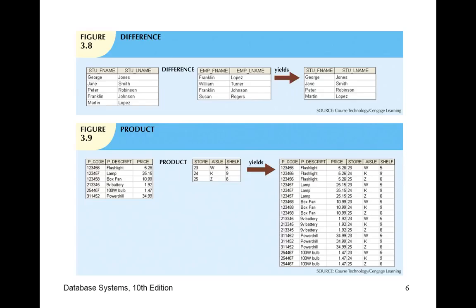So if you look at that, what we are looking at is George, who is not in the second table, Jane, Peter, and Martin. Franklin is all over the place. Okay? So with a difference, whatever our host table is, or our primary table, if you will, we're going to find the entity instances that are not in that second table. So when might we want to use that?